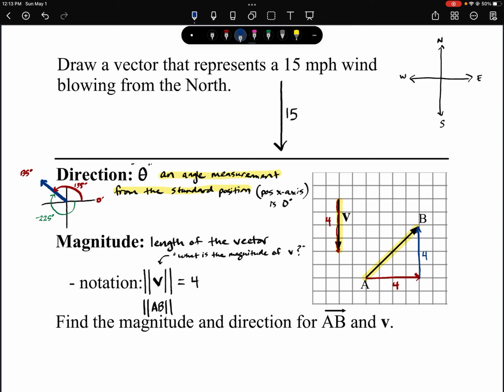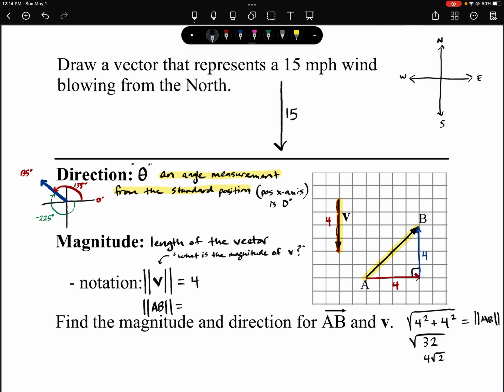So in order to figure out the distance of that whole thing, I'm sure you can already recognize that we'll just go ahead and use our Pythagorean theorem. We'll take our 4 squared plus our 4 squared, which should equal c squared. But we know then we're going to be taking the square root of this. So to get the magnitude of vector AB, we'll say the square root of 16 plus 16, or square root of 32, which would then be 4 radical 2.